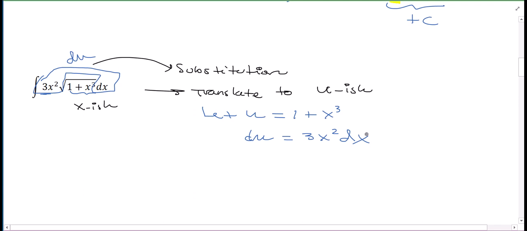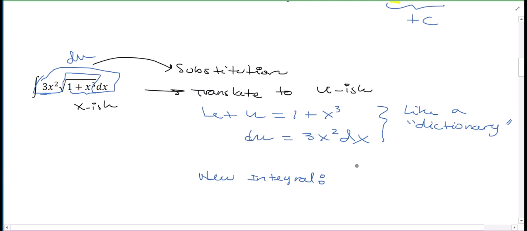And so this acts as our dictionary to help us make the translation, right? So now we want to translate it. This is what I call my new integral. That's an n, not a w, it just looks like a w. So my new integral is going to be the square root of u, 1 plus x cubed, and then 3x squared dx is what I call du.